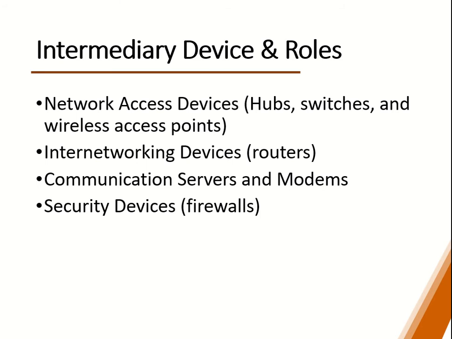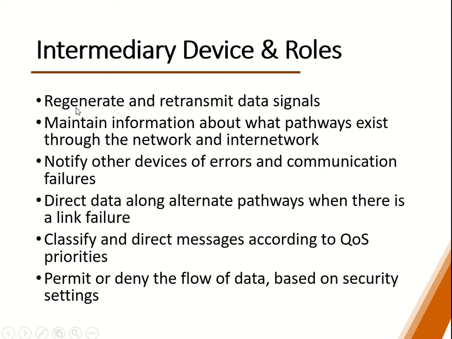So ano yung mga functions o roles sa atong intermediary devices? They are there to regenerate or retransmit data signals. They maintain information about what pathways exist through the network and internetwork.